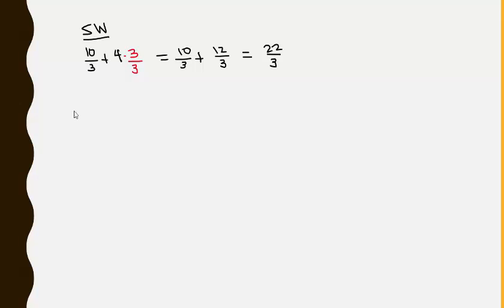Because of the fraction, I'm going to do a little scratch work on the side. I want to add 10/3 plus 4. I get a common denominator by multiplying the 4 by 3 over 3. That's 10/3 plus 12/3, and then we can add them to get 22/3.